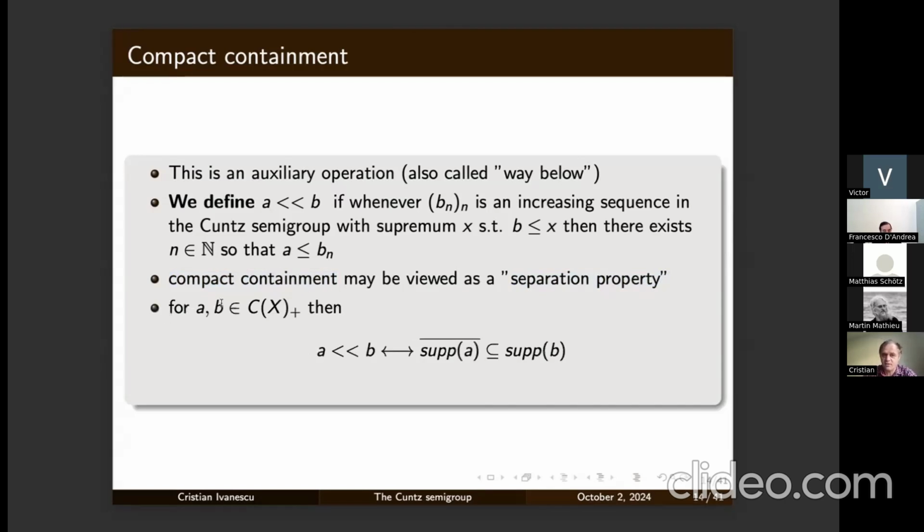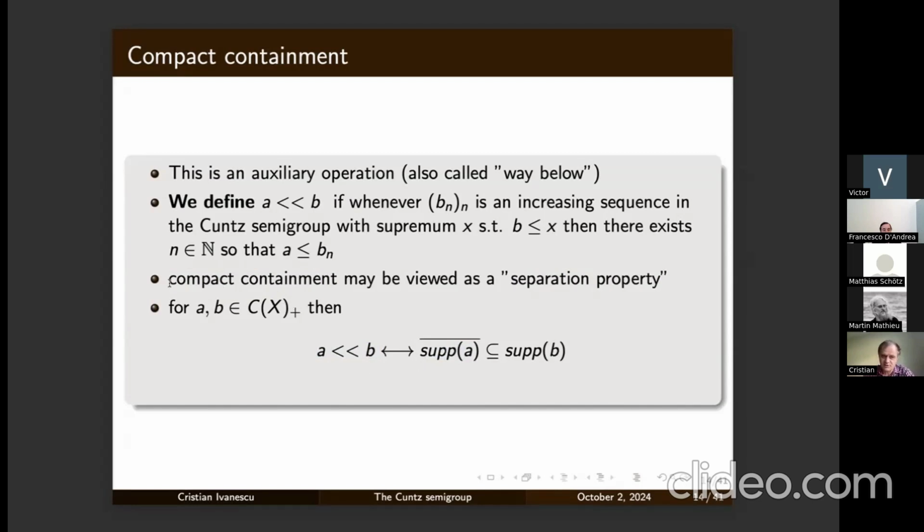I'm going to start with A and B in the continuous functions over some compact space X. Then the condition of A being compactly contained in B is equivalent to saying that the closure of the support of A is inside the support of B. In other words, there is room between the support of A and the support of B. Initially, the Cuntz subequivalence requires that the open support of A is inside the open support of B. But now we want to have some room. In other words, if you think about the Urysohn lemma, we want to be able to separate these sets. So this is the first observation.